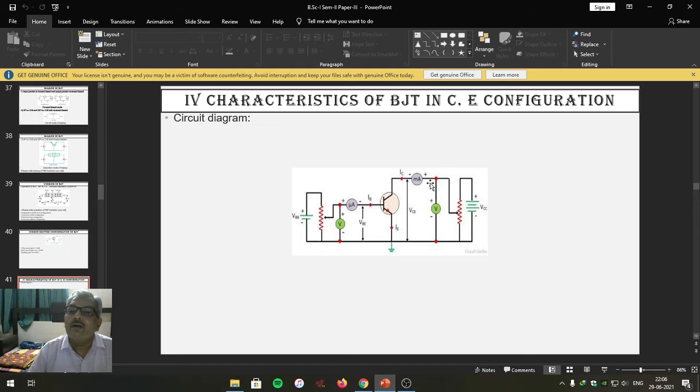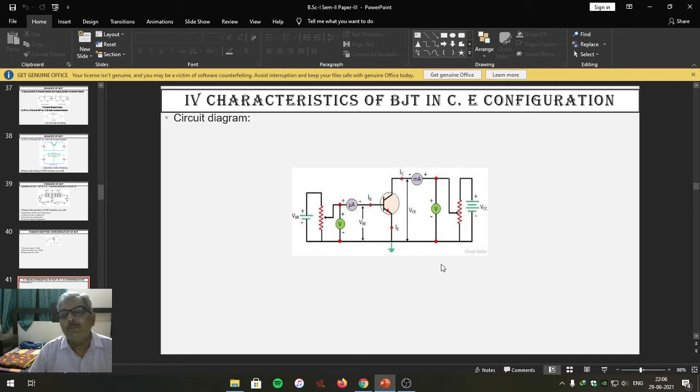Similarly, a current meter on the output side measures the collector current IC, whereas the voltmeter connected in parallel between collector and emitter measures the collector to emitter voltage VCE. By knowing the base current and base to emitter voltage, and the collector current and collector to emitter voltage, one can plot the graph of input and output IV characteristics.